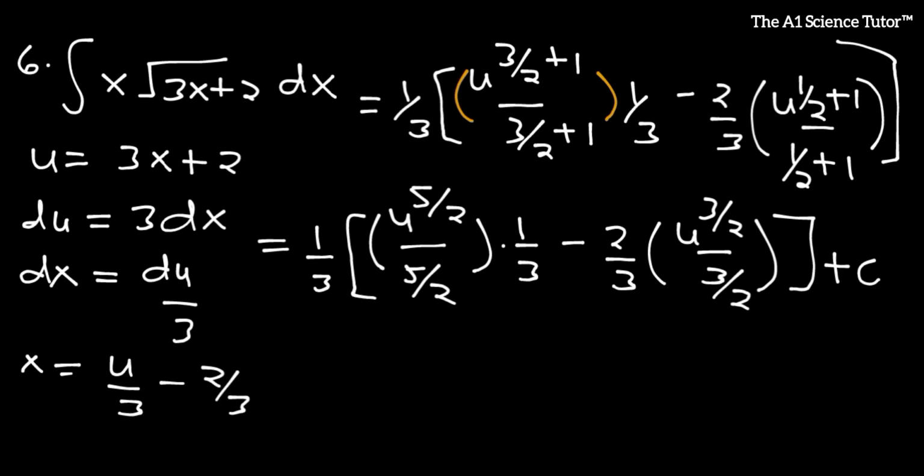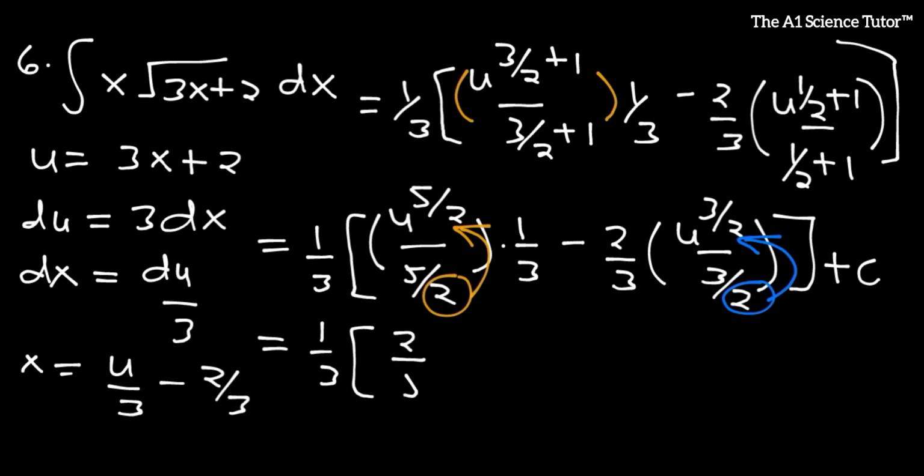Now, what do we need to do? As you can see, we always took this part and took it to the upper part of the fraction. So we're going to do that with this one also. So that should become 1 over 3, 2 over 5, and that is into 1 over 3 because of this, right?